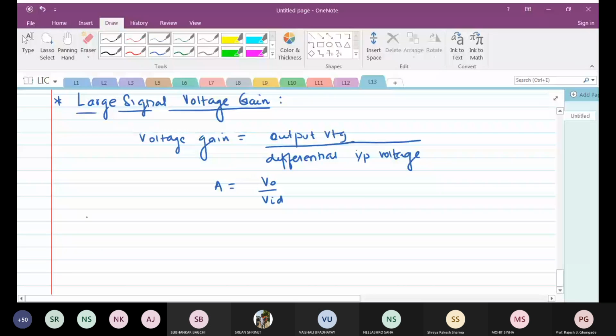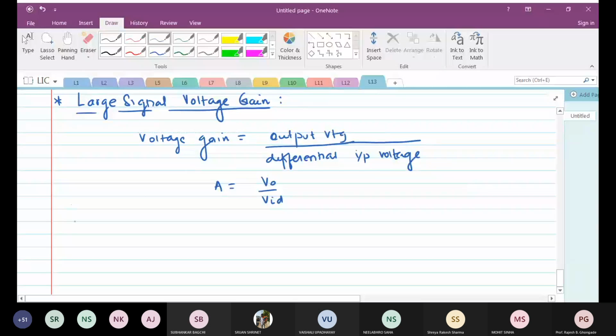Now, again, I've already said that whenever we talk about voltages in volts or tens of volts, we call it a large signal. Whereas if the signal is in microvolts or millivolts, you call it a small signal.